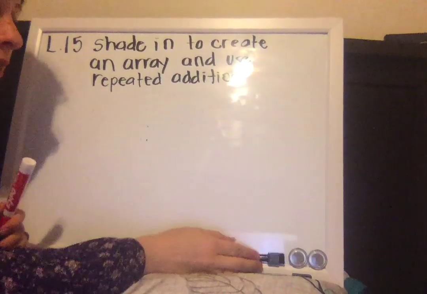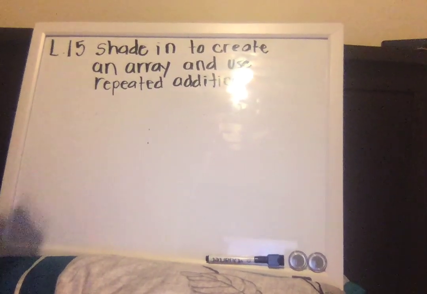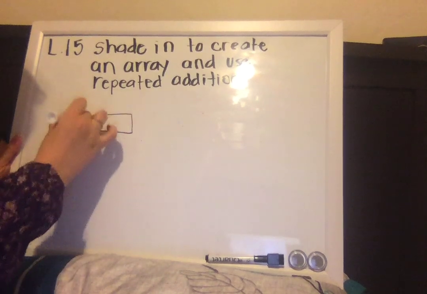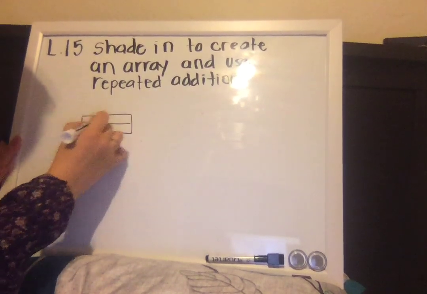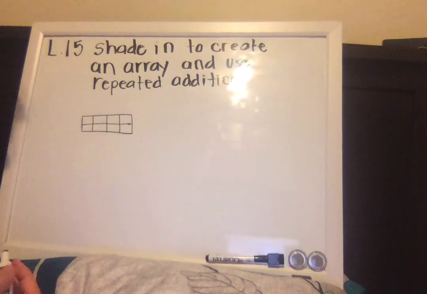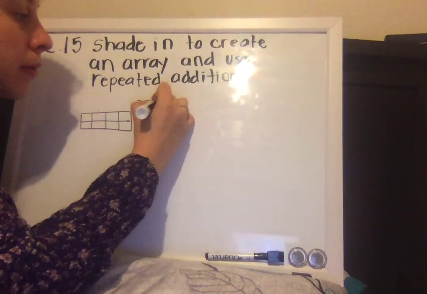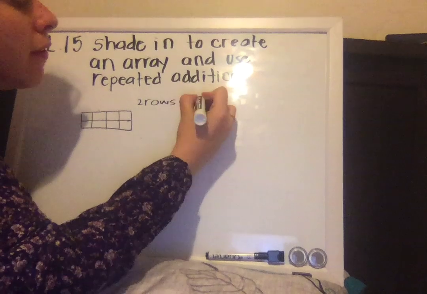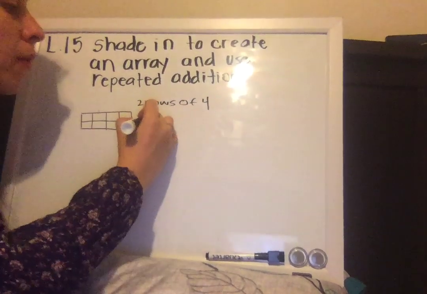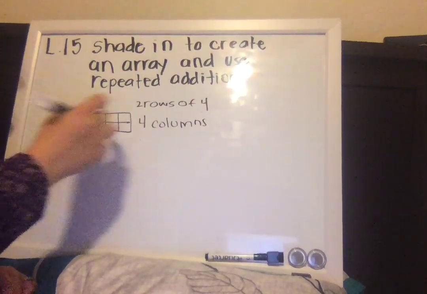They will give you something that looks like this. They'll give you an array there. And this array has 2 rows of 4, and it's 4 columns of 2.